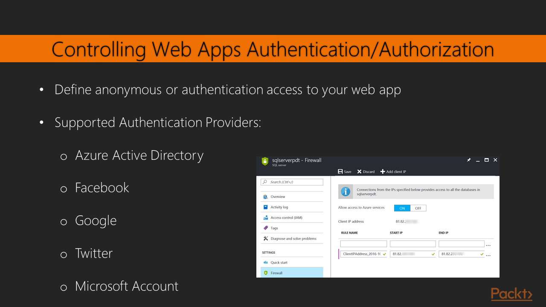Obviously, there's integrated support for Azure Active Directory. But besides those, there are also other ones out of social media. Azure Web App supports Facebook, Google accounts, Twitter accounts, and the Microsoft account, also known as Microsoft Live ID, allowing you to authenticate with an Outlook.com email address, for example.